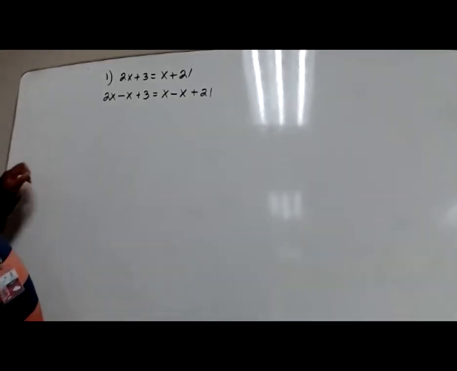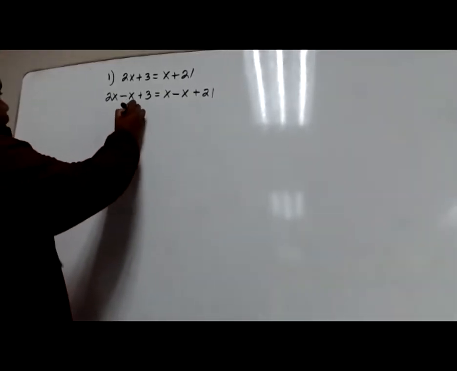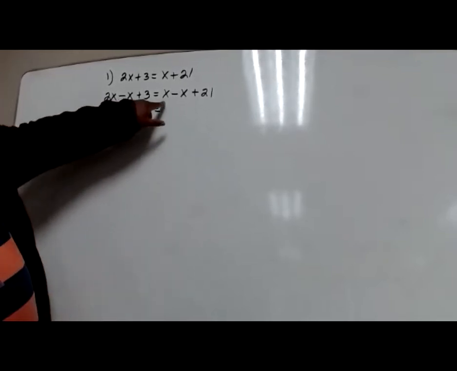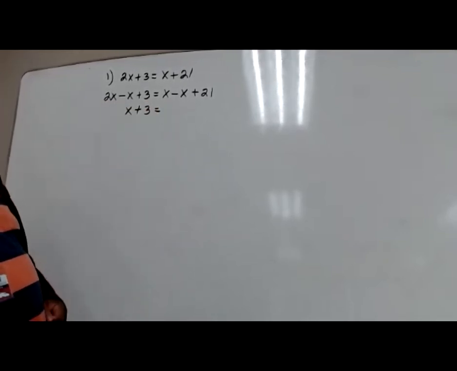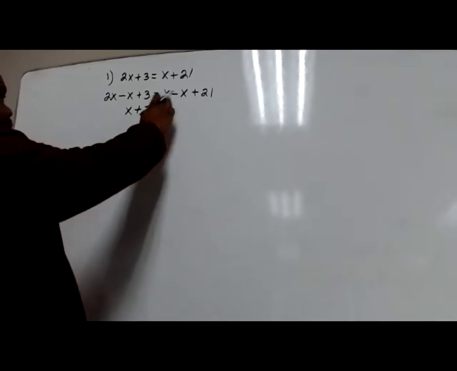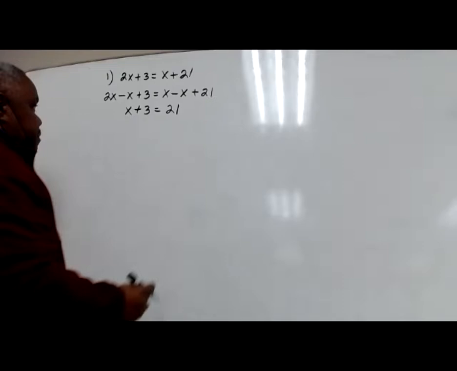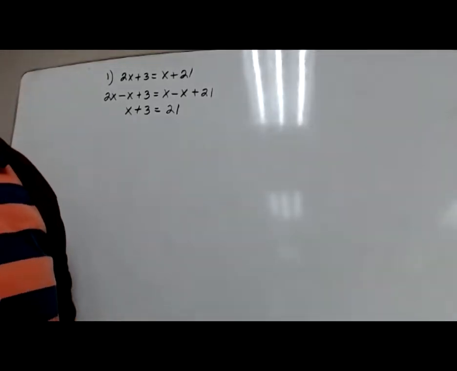So 2x minus 1x is just x, plus 3, and that's equal to, well, adding and subtracting x is the same as adding 0, so x minus x is gone. You're left with just 21. So you have x plus 3 is equal to 21.